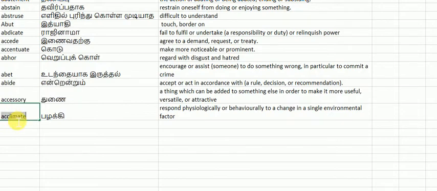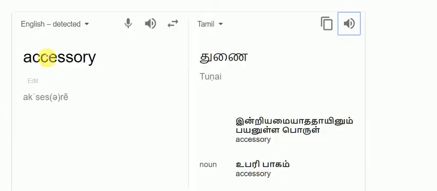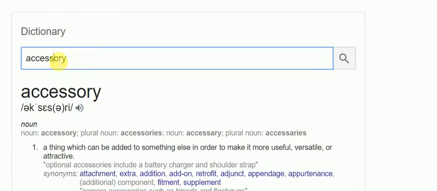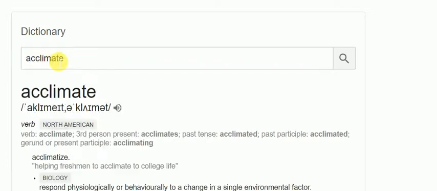So the last word which we are going to see today, which is more important, is acclimate.